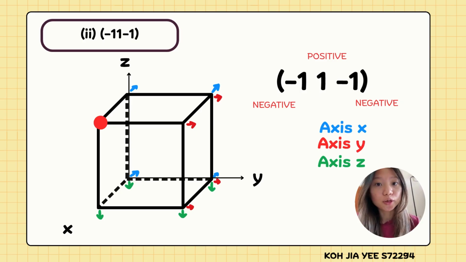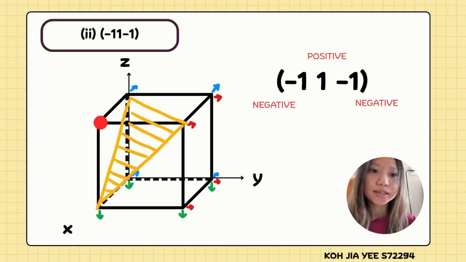Next, we need to plot all the faces of the axes. For example, axis x is the blue one, facing the back, axis y is the red one, facing the right, and axis z is the green one, facing down the axis z. Next, we will line up all the points that have a single arrow only, so it will form a triangle that looks like this picture.